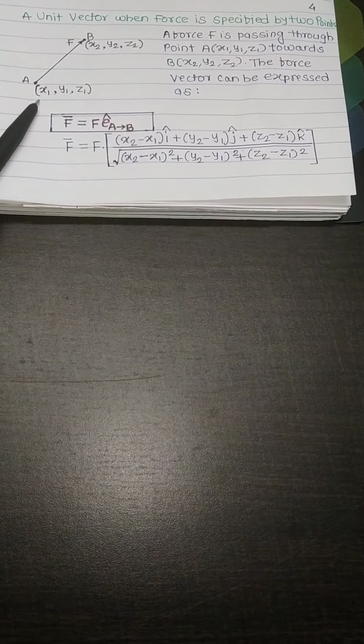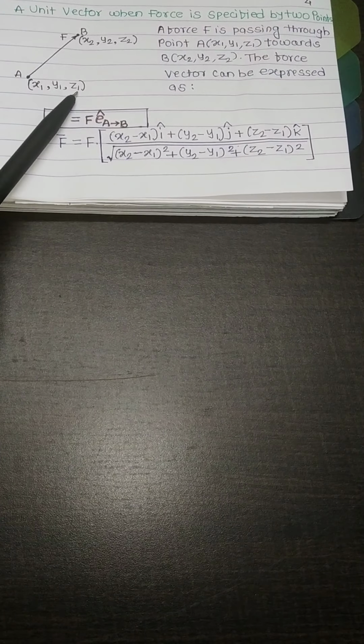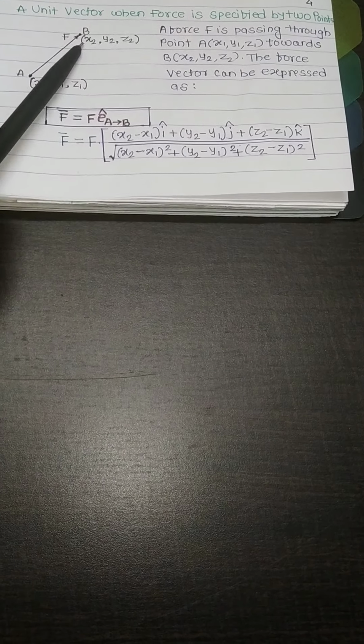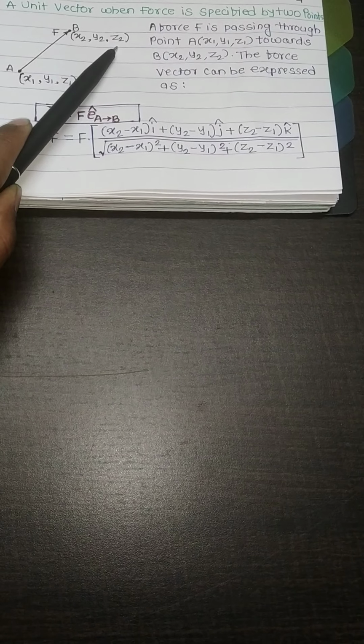A is having coordinates x1, y1 and z1. B is having coordinates x2, y2 and z2.